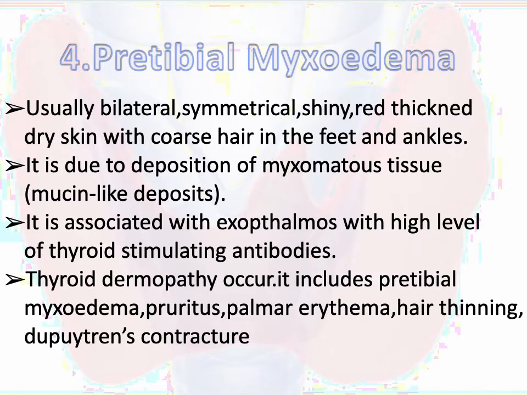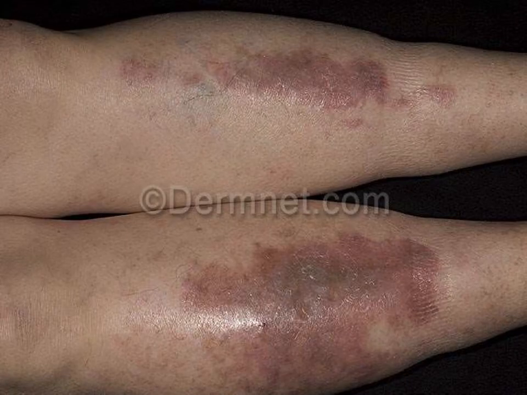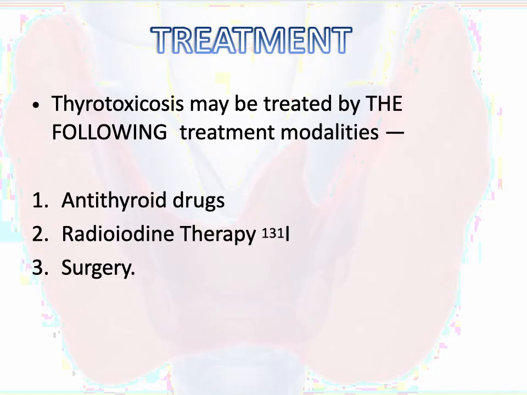Now, pretibial myxedema. Usually it is bilateral, with thickened, dry skin, and associated with exophthalmos. You see, you will not forget it.